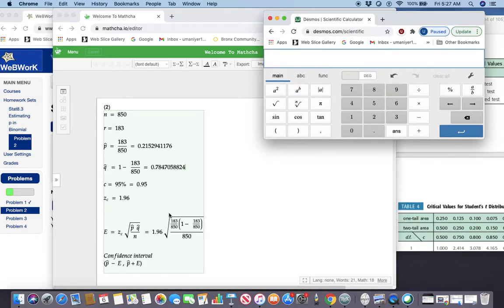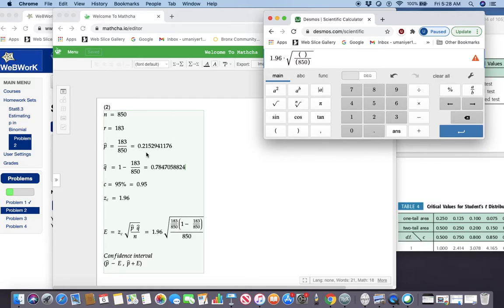You have 1.96 times, you have a big square root, you have a numerator divided by a denominator, all within the square root. Make sure it's all within the square root. The denominator is straightforward, 850. For the numerator, there is a fraction first, and that fraction has been computed here.